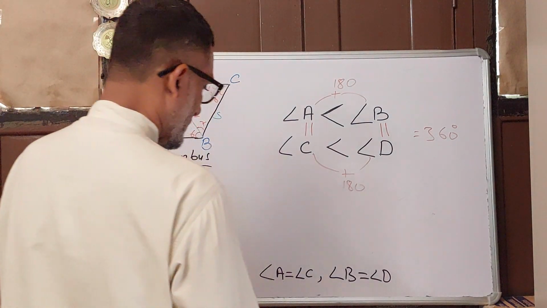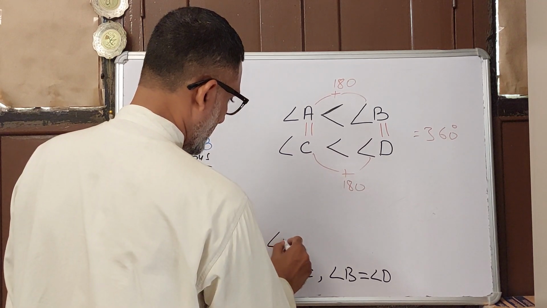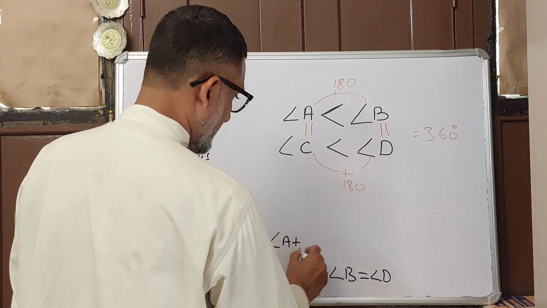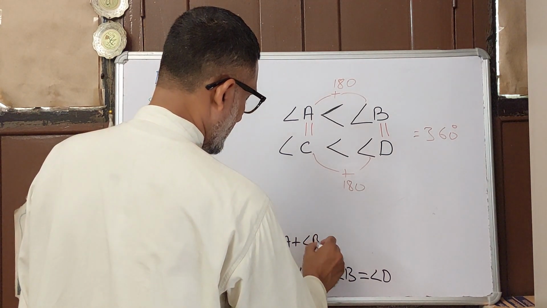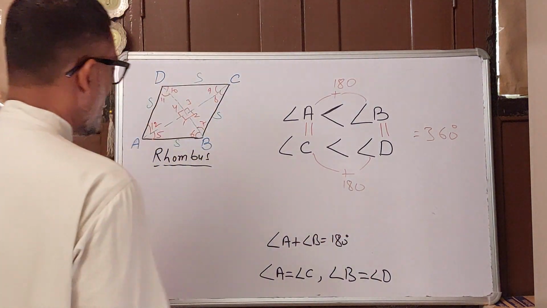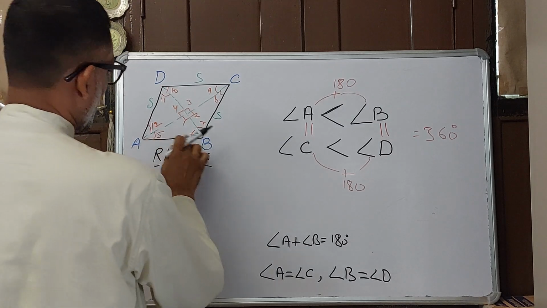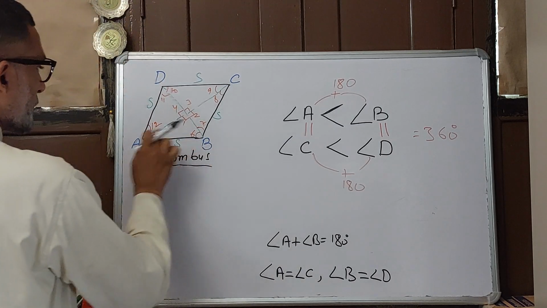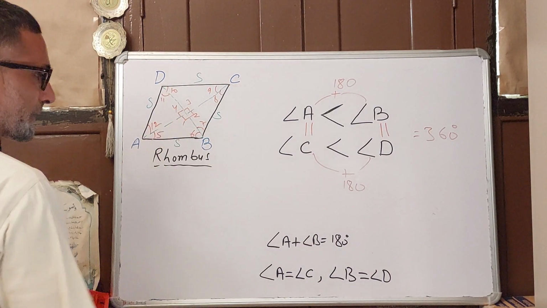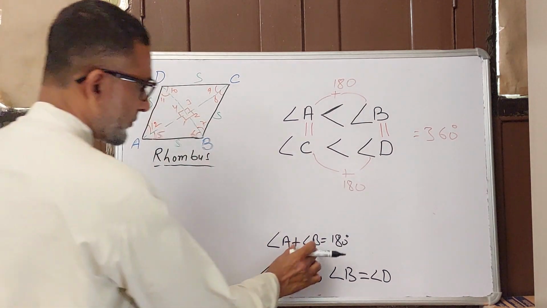And we also notice that angle A plus angle B is equal to 180. Like in a square, it is 90 and 90, which is also 180. Here also 180, but here it is not 90; one is greater, one is lower, but the sum will always be 180.